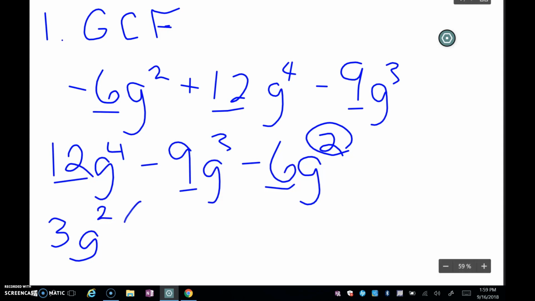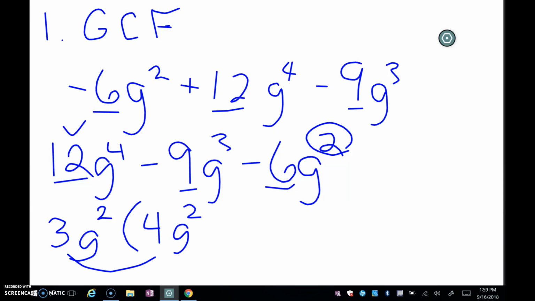Now, I factor that out, so I've got to put the rest of the numbers inside the parentheses that will give me my initial polynomial. To get a 12, I put a 4 here. I need to get g to the fourth, so I need 2 more g's. That gives me my first term: 3g squared times 4g squared equals 12g to the fourth. Now put your minus sign down because that's what we're seeing right here. I factored a 3 out of 9, so I need to have another 3 there.